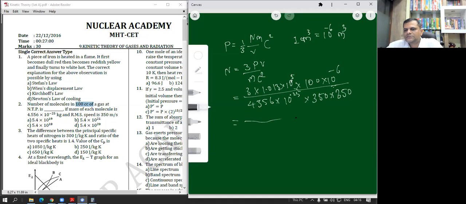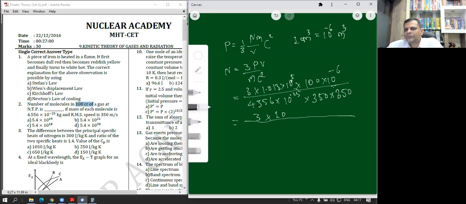So here it is. Yes, 3 into 1.013. 1.013 can be taken as 1 only, approximately. So take it as 3 here, multiplied by 10 raised to 5 into 10 raised to 2, which comes out to be 10 raised to 7. And 10 raised to 7 minus 6 becomes 10 only. So here it is 10. And this 10 raised to 25 goes up. Okay, wait.